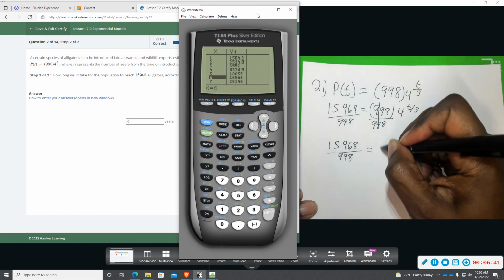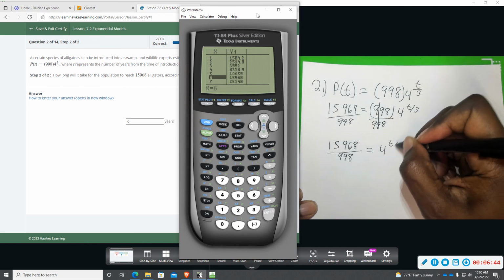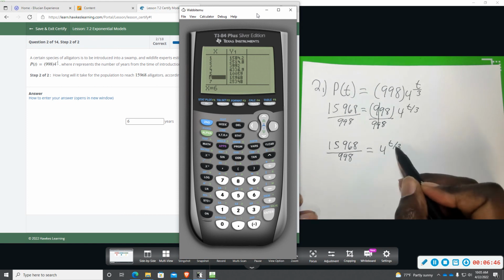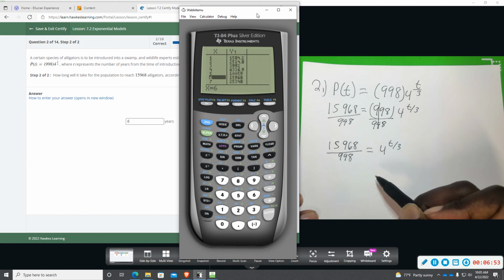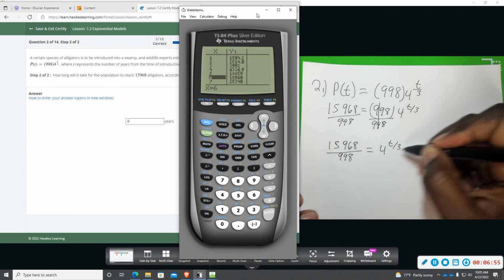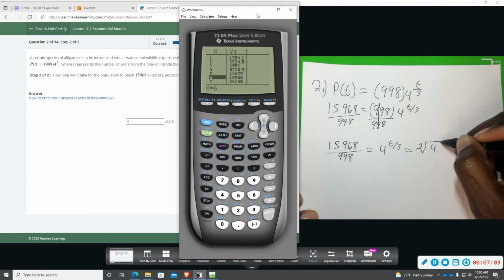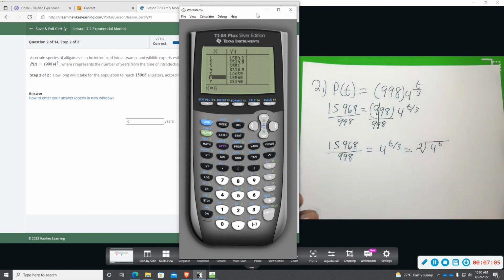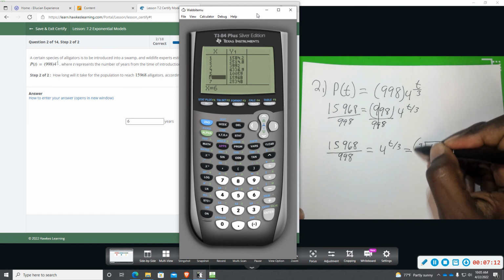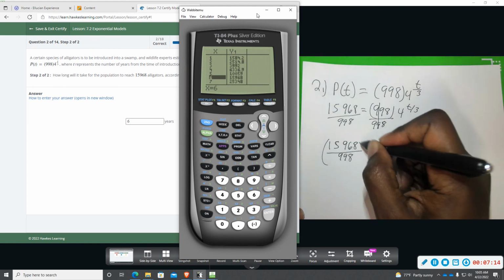Equal to 4 to the t over 3. Now, you need to understand rewriting this. If you have a fractional exponent, the bottom number is the radical, the top number is the power. So what this means, just this part right here, is the cube root of 4 raised to the t power. In order to get rid of the cube root, we have to raise this side and this side to the third power.